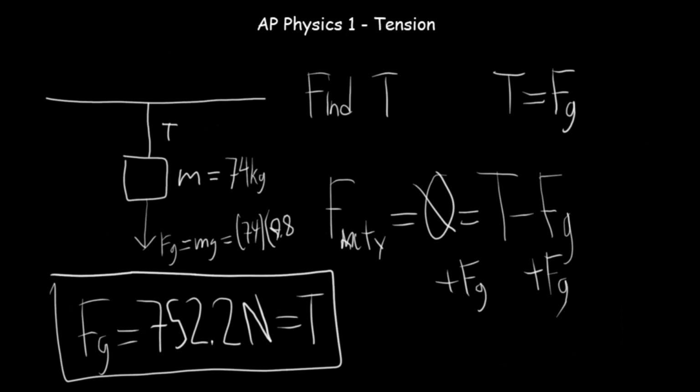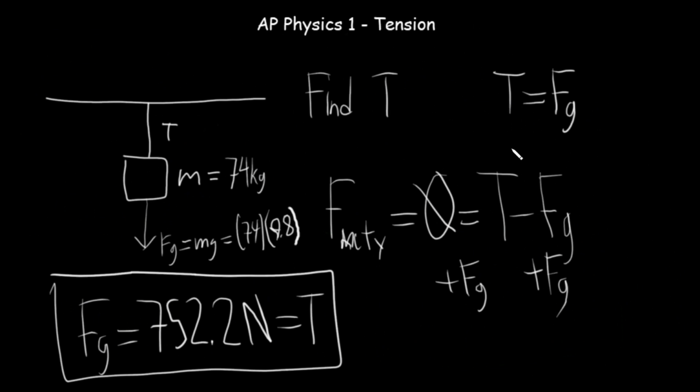Now, in case you're already confused here, let me just reiterate. The reason these two are equal to each other is because the net force in the y direction is 0, right? So it's not moving up or down, which basically means that the forces acting in the y direction are equal and opposite.